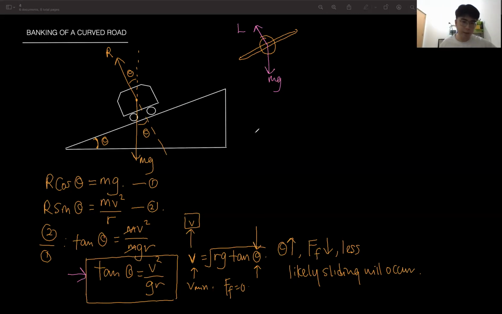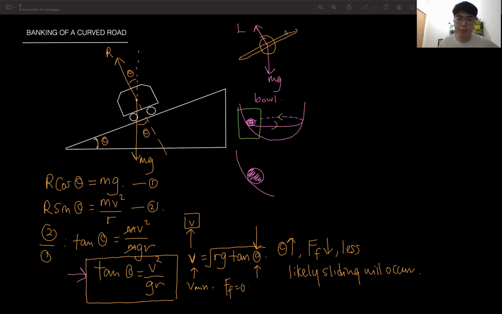Or it can be like a ball moving in a horizontal circular path inside a bowl. It's the same application. If you focus only on one side, let me blow this up. This is the surface, this is the ball.